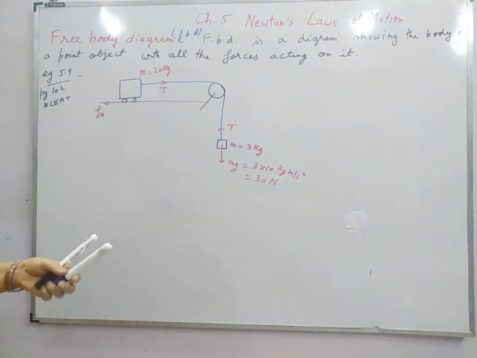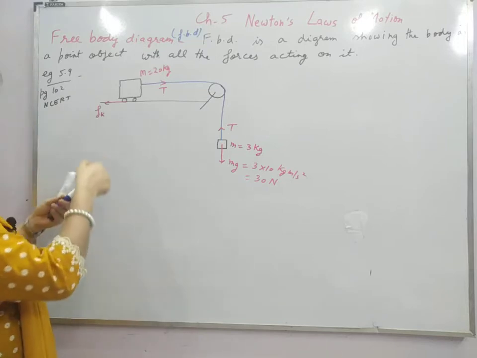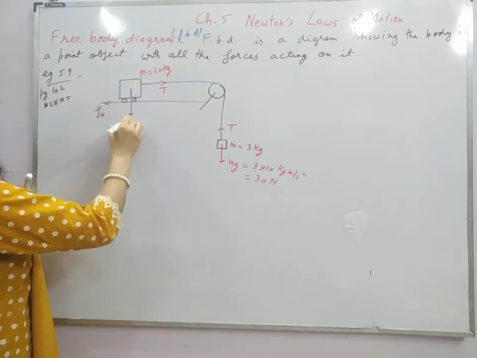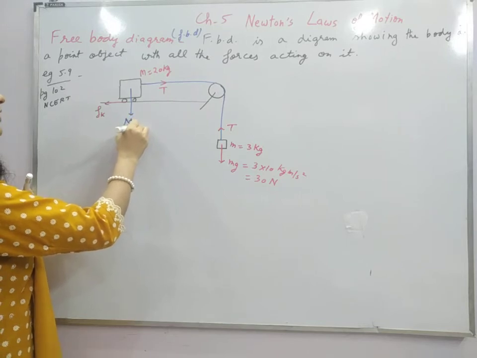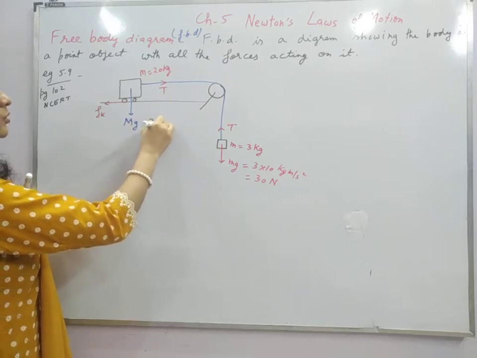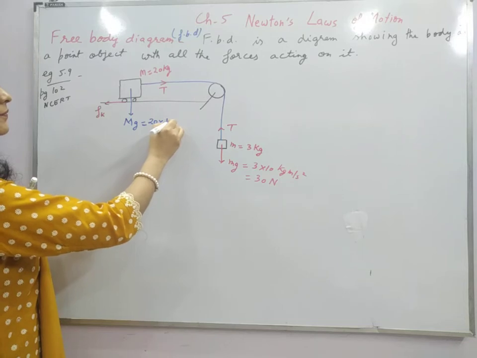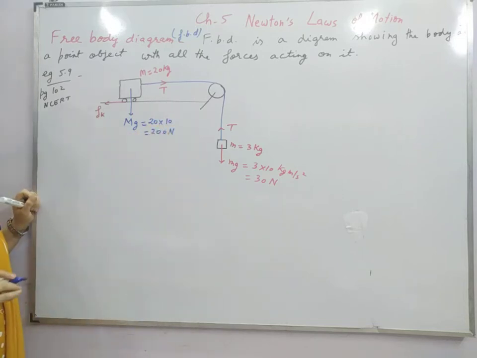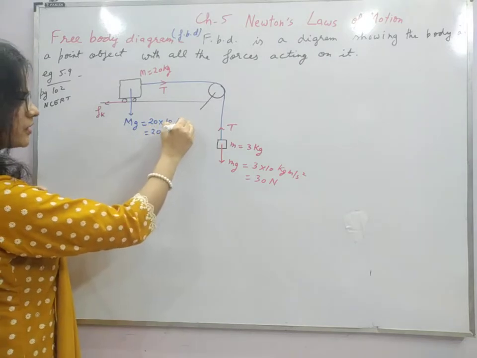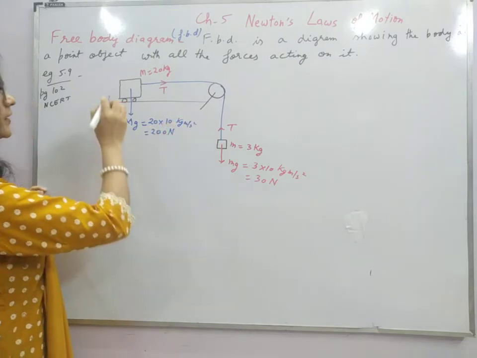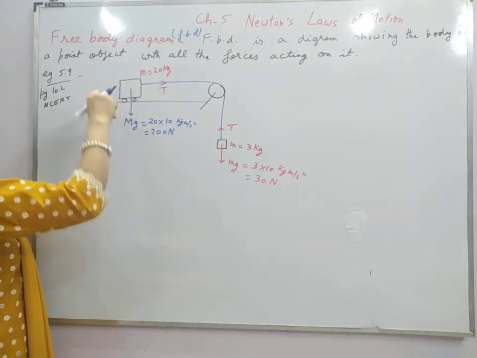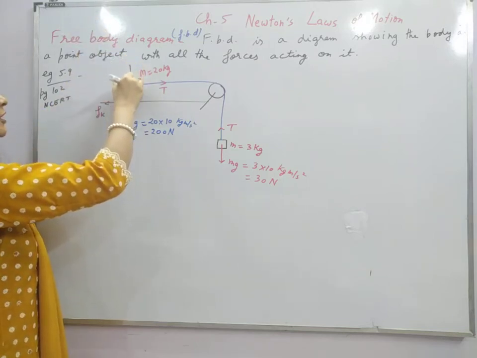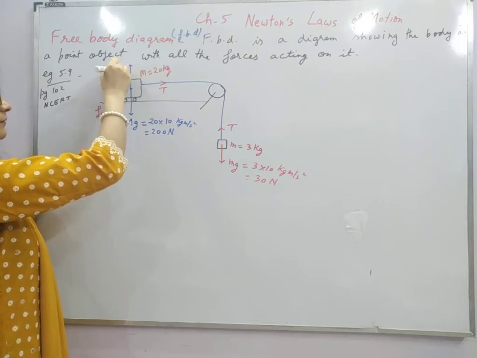Now, what other forces are acting on this? The weight of this trolley downwards, and this will be 20 into 10, that means 200 Newton. Same way, this is kg meter per second square, right? And normal reaction normally outward to the surface, I told you in the previous video on normal reaction and tension, right?